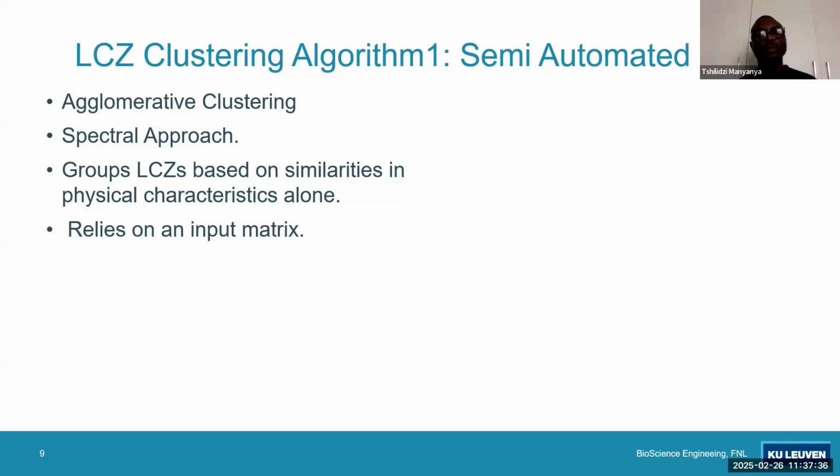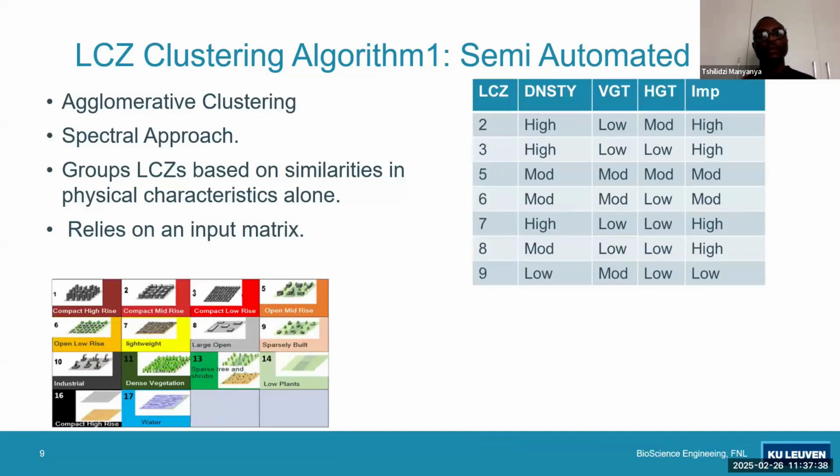It relies on an input matrix that looks like this, where we had 4 fields. We had the first field, which is the density. Then we had vegetation cover. We had height. Then we had impervious surfaces, where we ranked them from low to high.